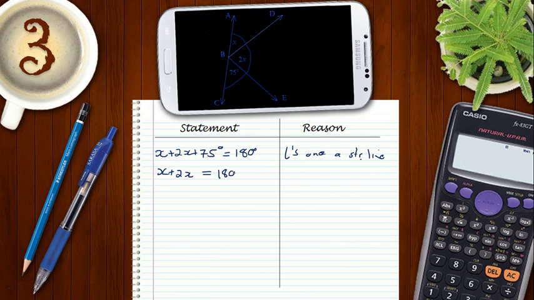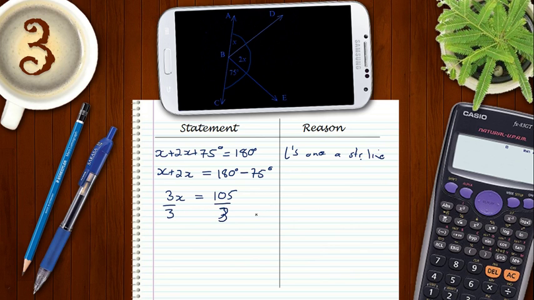So that's the 180 degrees, then minus 75, because if we take it over the equal sign, it changes sign. We add our like terms, and x plus 2x is 3x, and that's equal to 180 minus 75 is 105, and then we divide both sides by 3.